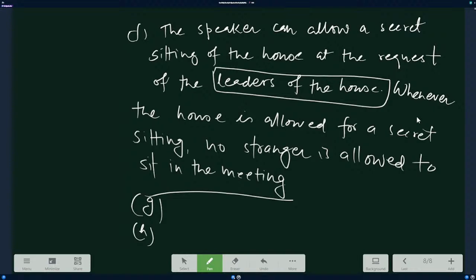Again, write GHI. The speaker is ex officio of all parliamentary groups in which he is a member.